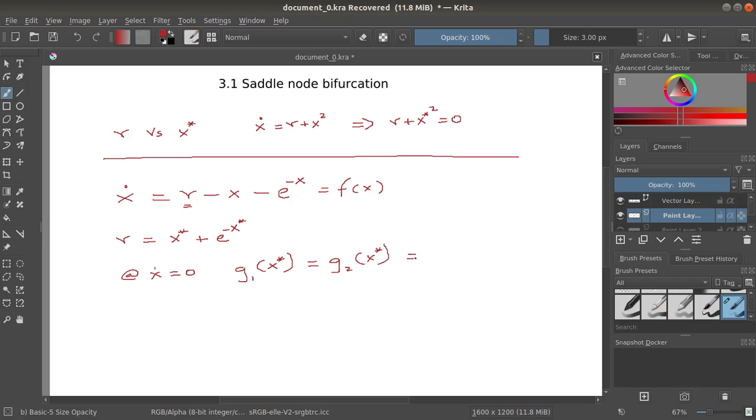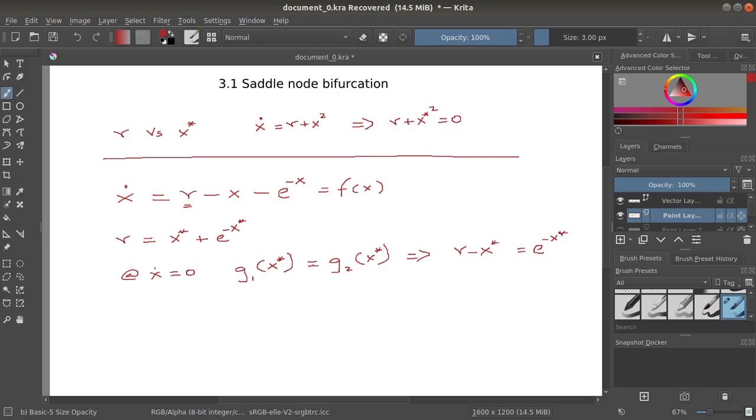So g1 is r minus x, or r minus x star, and g2 is this term, e to the power of minus x star.